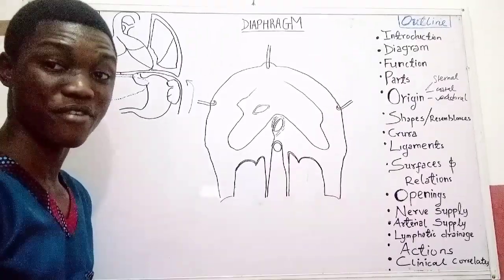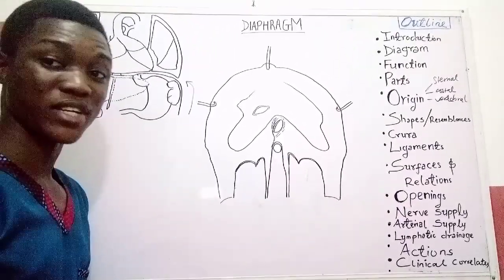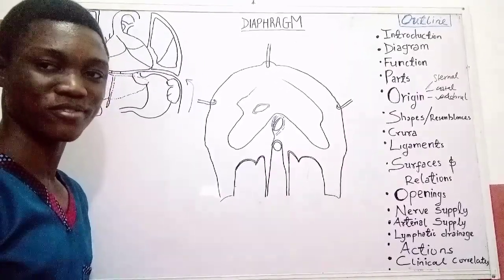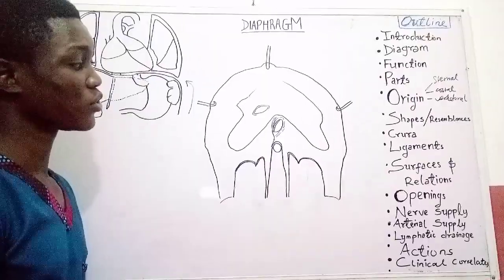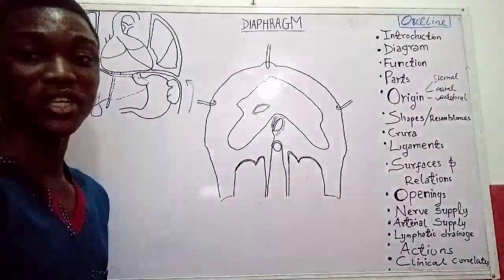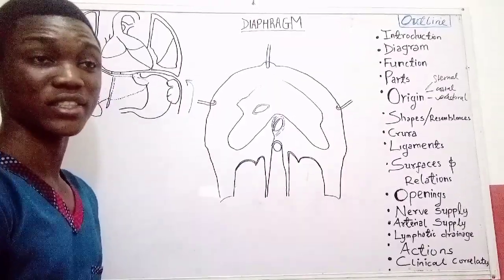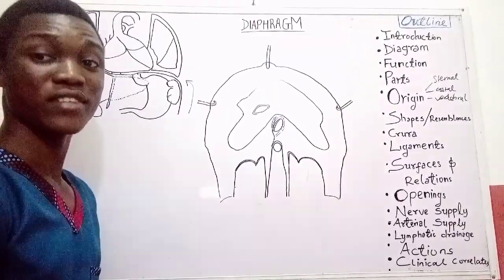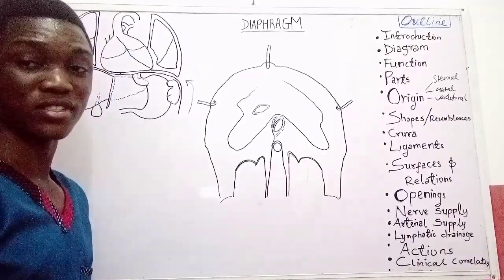So the fibers of the peripheral muscular part of the diaphragm insert into the central tendon. Okay, so the central tendon is trefoil in shape, and like I said, the muscles of the diaphragm insert into the central tendon.